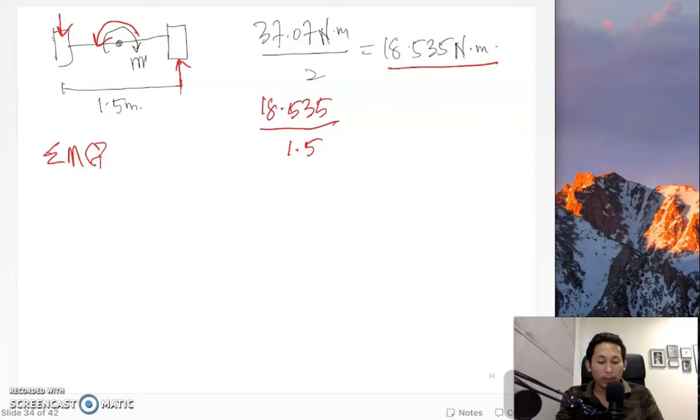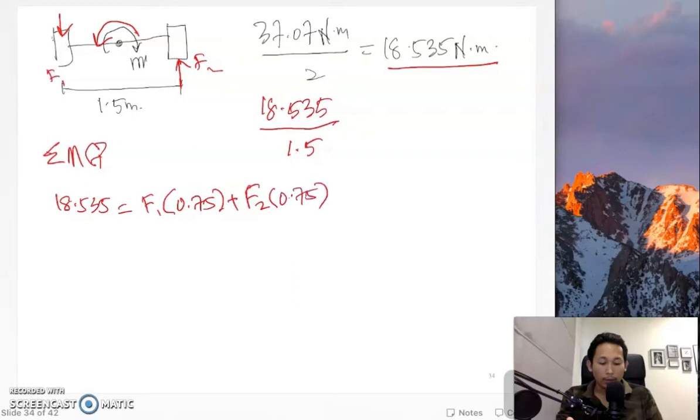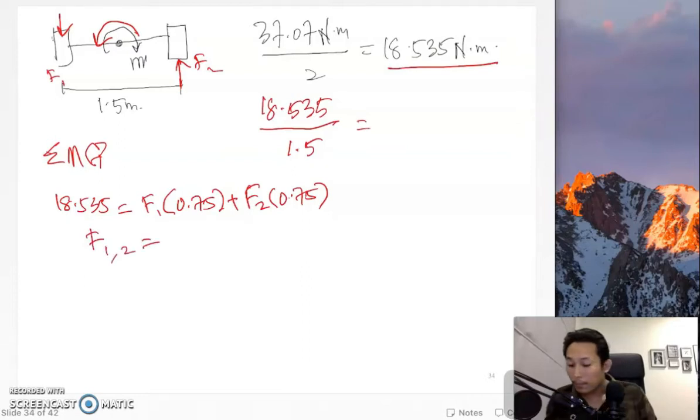Taking the moment as positive, 18.535 equals front 1 times 0.75 meter plus front 2 times 0.75 meter. So we get F1, and F2 is the same, equals 12.36.